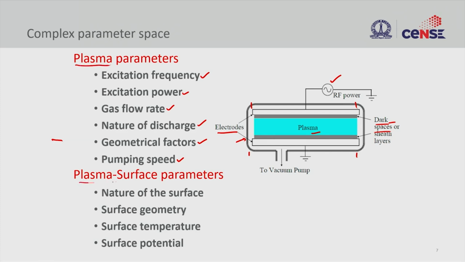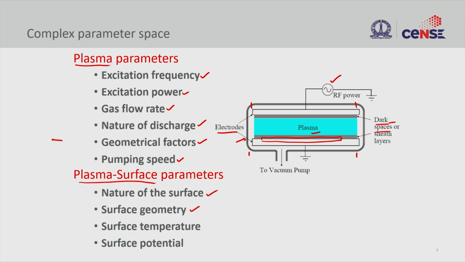So next, plasma to surface, right? Plasma surface interactions are very important, because we are going to keep our wafer somewhere here. When you keep the wafer here, it's not a bulk interaction. The plasma should interact with the surface, right? So that depends on the nature of the surface: whether the surface is conducting or insulating, and then the surface geometry itself.